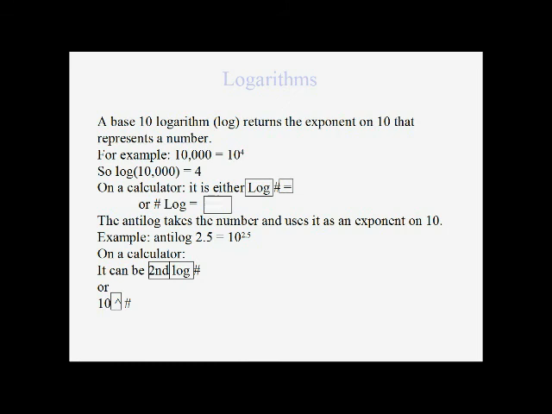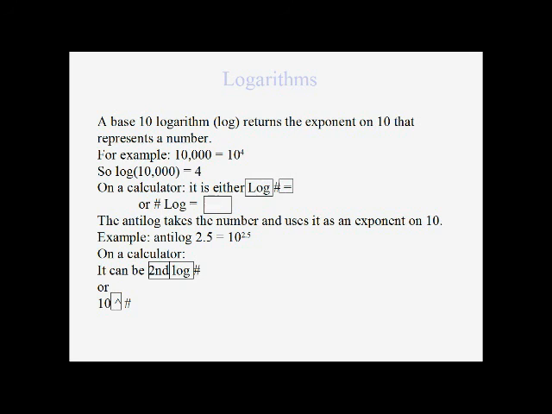Logarithms are another way that we handle large or small numbers, especially properties that can change through many orders of magnitude, such as hydrogen ion concentration for acids. So a base 10 log: if we take the log of a number that we can represent as 10 to a power, it gives us that power back.